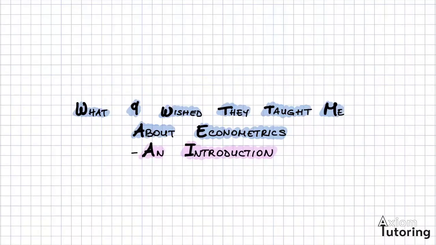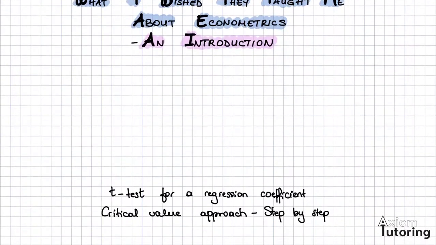In the previous video, we explained the logic of testing a single coefficient, and now we're ready to make a decision. So in this video, we'll do exactly that, and we'll use what we will call the critical value approach. This is the most visual and geometric way to run a t-test, but in a separate video, we'll also show how to conduct another approach of running a t-test by using the p-values.